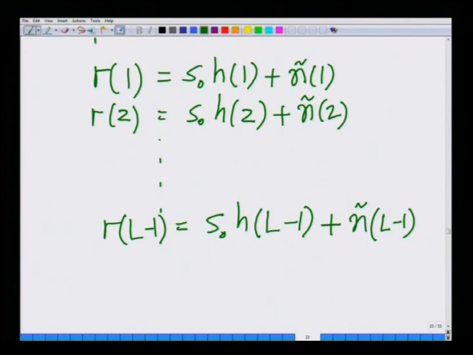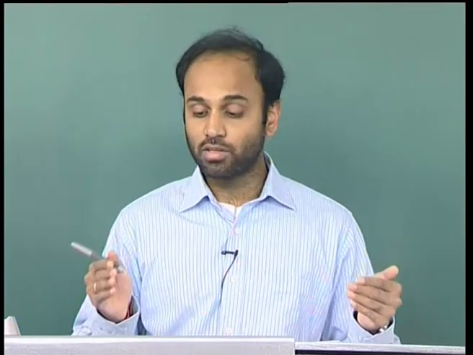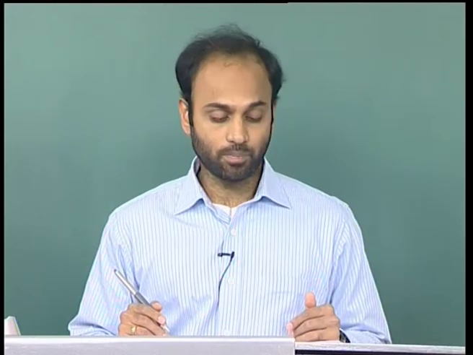And of course, we previously had R of 0 equals S0 H of 0 plus n tilde of 0. Hence, I can now separate out the L multipath components arriving at the receiver, which I could not previously do in a conventional wireless system.